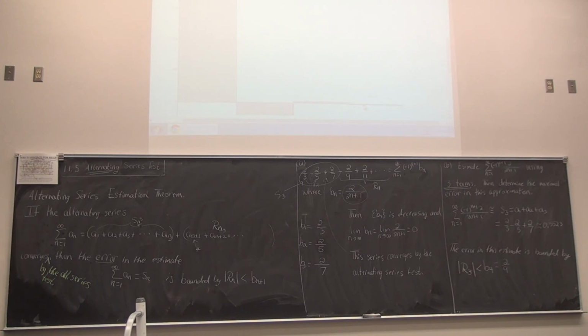If we cannot show convergence by the alternating series test, but it still converges, we could possibly have problems over there. But I think it's pretty implicit that if we're talking about an alternating series that converges, it should converge by the alternating series test itself. And so that's one way it could possibly go wrong. But if it did converge by the alternating series test, then that estimate has to be solid, unless we made a mistake somewhere else. Other questions about that so far?